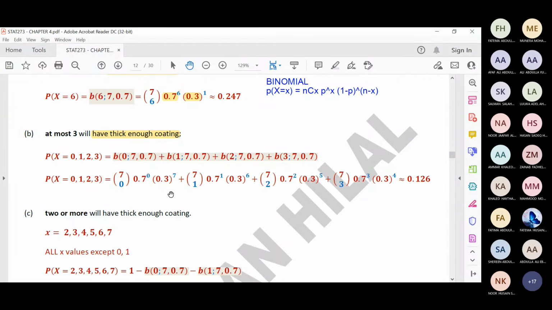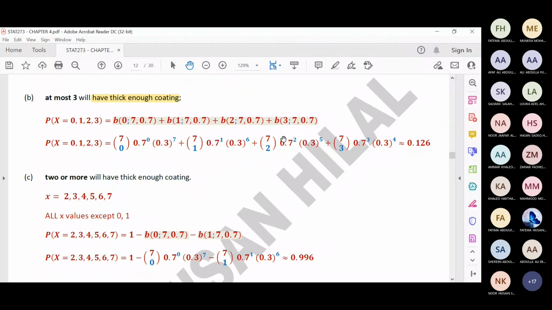The next step will be 7 selection 1, P which is 0.7 raised to the power x which is 1, times the complement of the probability raised to the difference between them, which is 6. Find the answer. Go ahead, plus. Next, 7 selection 2, 0.7 raised to the power 2, 0.3 raised to the difference, which is 5.